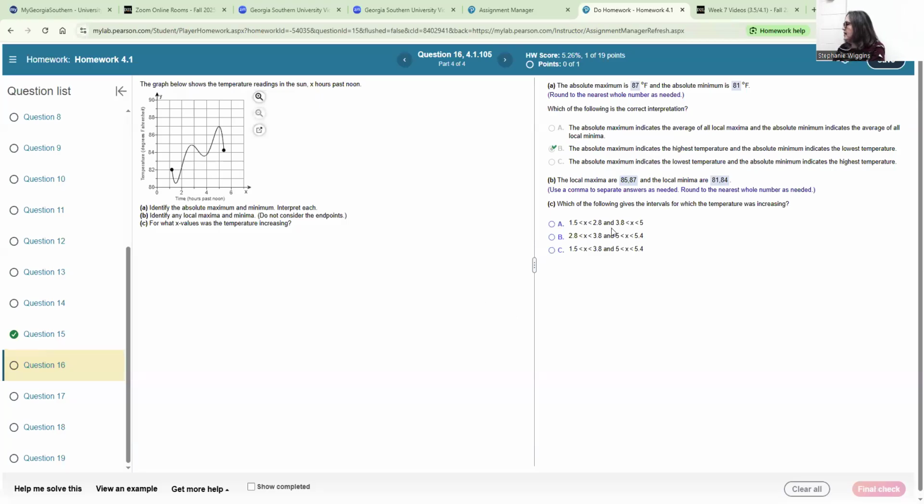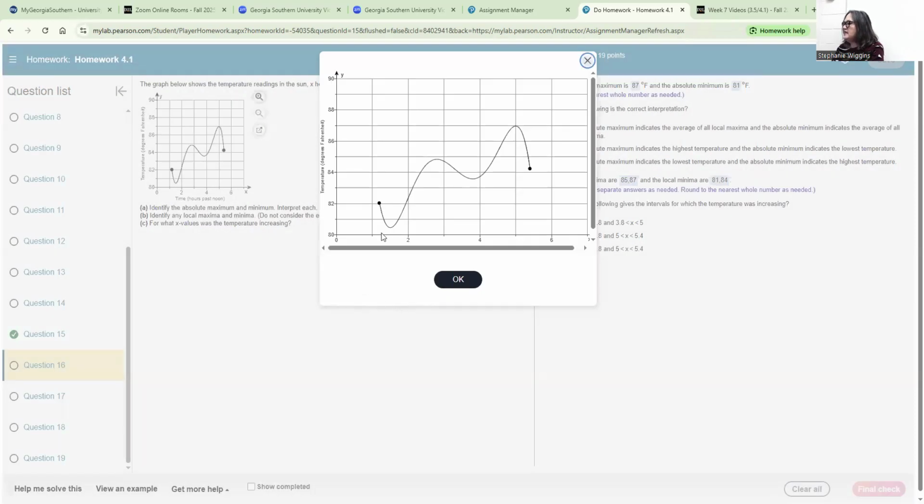And then finally, we are asked which of the following gives the intervals for which the temperature was increasing. So if you look at our graph, it's increasing here, it's decreasing here. We go from left to right, right? So it's increasing from this point up to this point, and then from here to here. Now, when we're looking at intervals where the function is increasing or decreasing, that keyword where tells us we're going to give x values.